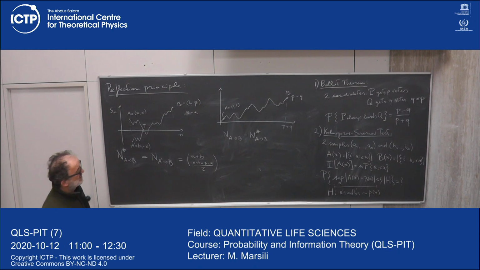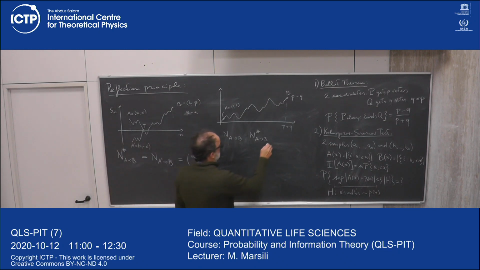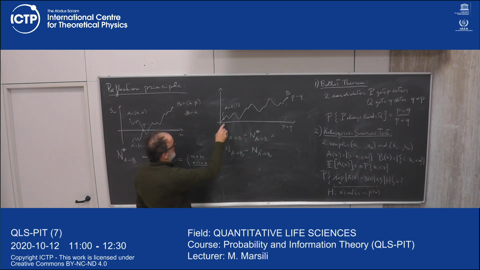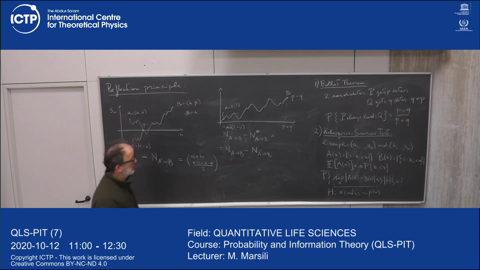But this is equal to the number of paths that go from the point A prime to B, where A prime now is the point with coordinates 1 and minus 1.